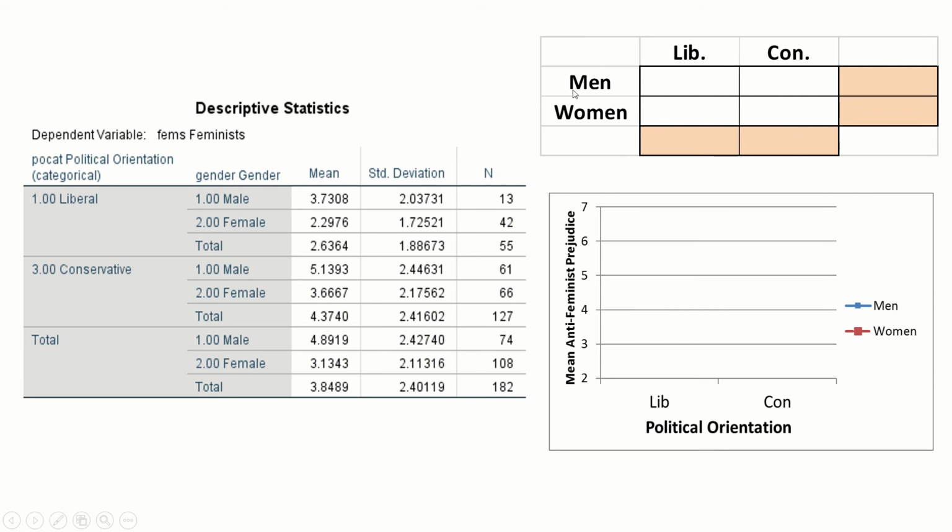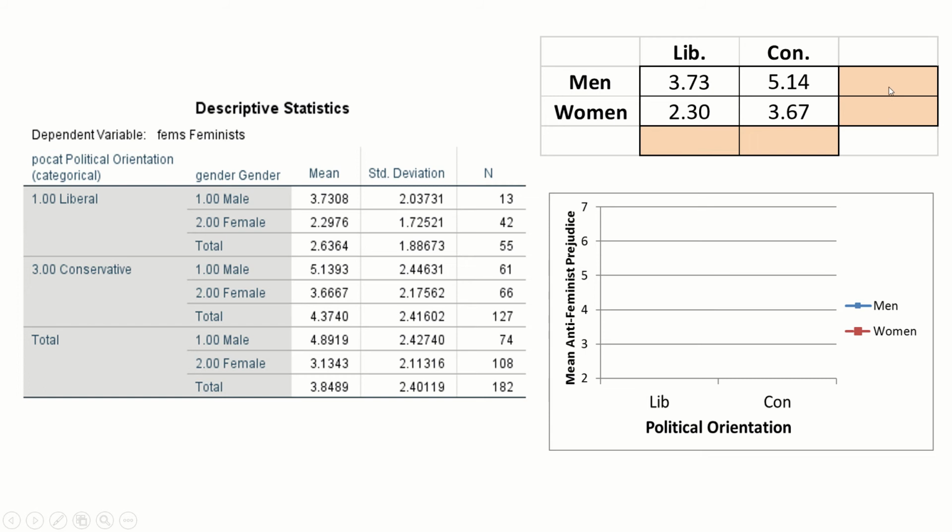We start with male liberals: liberal male is 3.73, and liberal women are right below, 2.30 rounded up. Then down here we have conservative men, 5.14, and conservative women, 3.67.